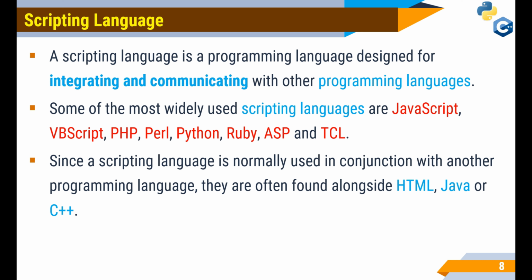Some of the most widely used scripting languages are JavaScript, VBScript, PHP, Perl, Python, Ruby, ASP, and TCL. Since a scripting language is normally used in conjunction with another programming language, they are often found alongside HTML, Java, or C++.